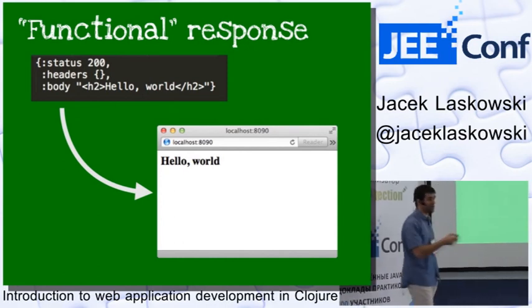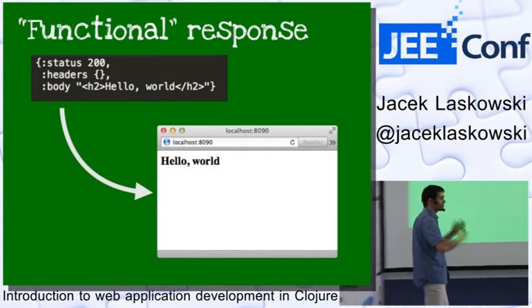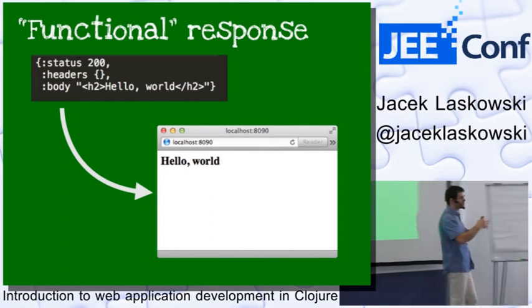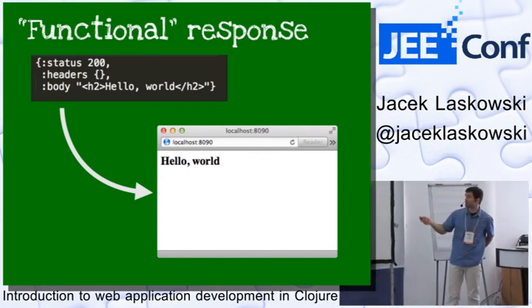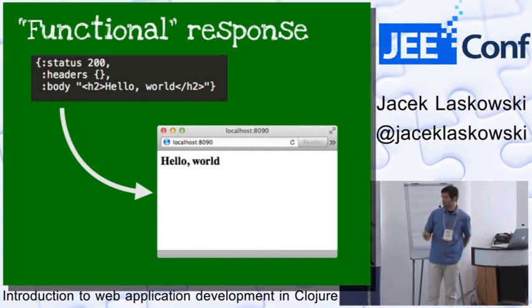So whenever you see a map, you will need to figure out what keys provide what information, but in effect, you don't have to create an object or objects to access information that will appear as this web page. So look at this. This basic data structure gives this web page. Isn't it simple?